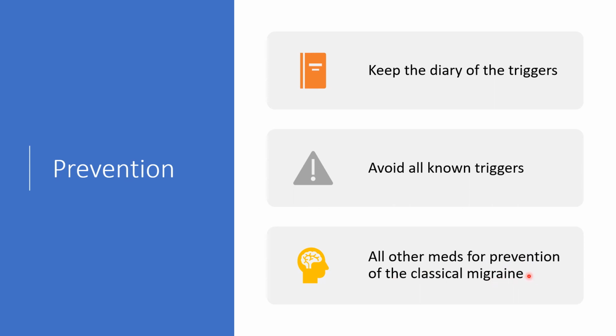But remember, when it comes to triptans, only 2 could be used. Want me to name them? I won't name them again. Go back, rewind, and go back to that page I've just told you. You can use sumatriptan or zolmitriptan. I finally mentioned it, right?